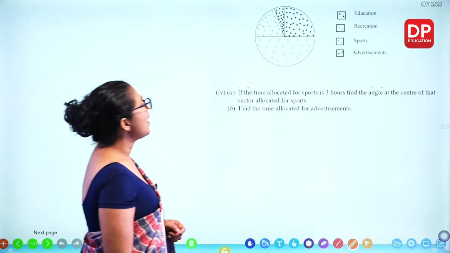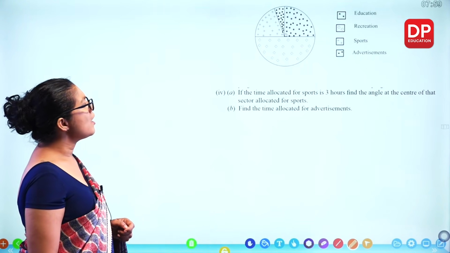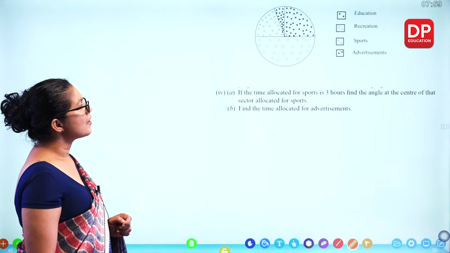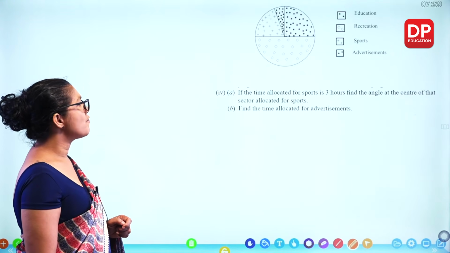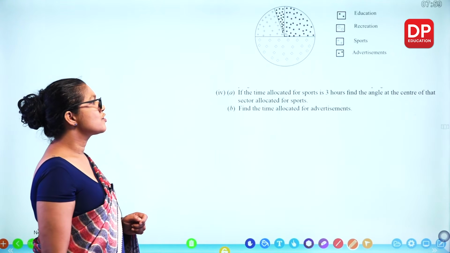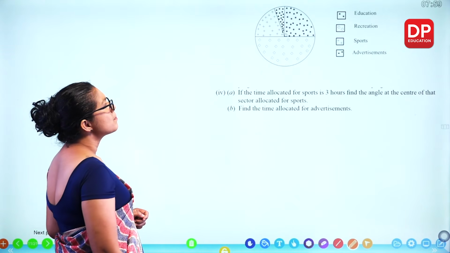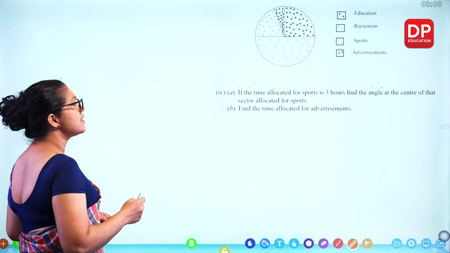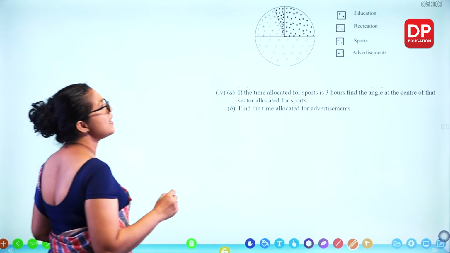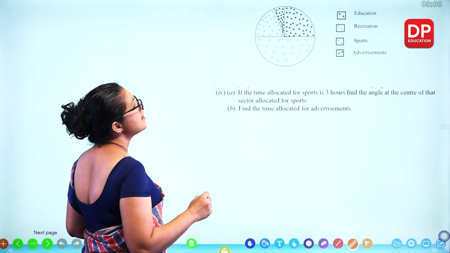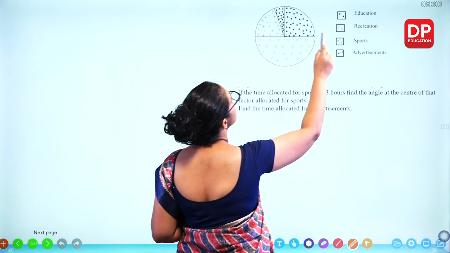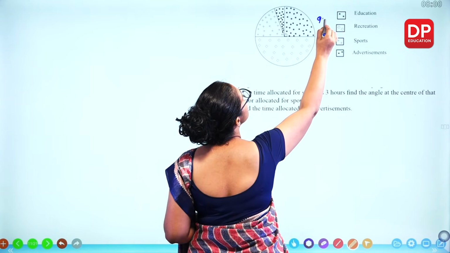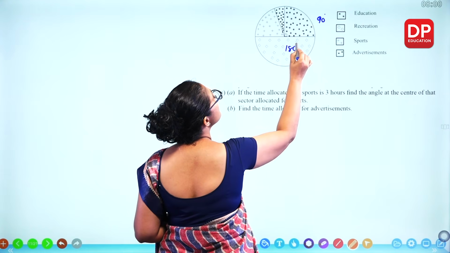We'll take the fourth part. It says if the time allocated for sports is 3 hours, find the angle at the center of the sector allocated for sports. So here we found in the previous part that's a 1:2 ratio between education and recreation. So if this is 1/4, 90 degrees, this is 180 degrees.